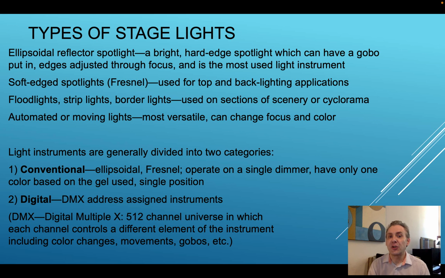In a digital universe, you have up to 512 channels. Each channel controls a different element of a digital instrument. Those elements could be color changes, they could be movements, they could be gobos, etc.